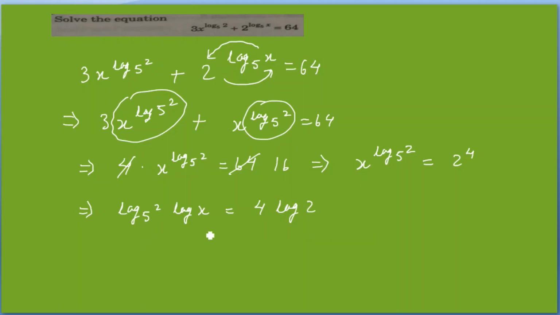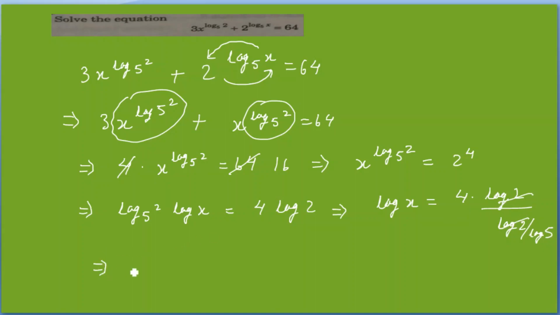Okay, now taking this term here, we can write log x equal to 4 times of log 2 upon log 2 with base 5 can be written as log 2 upon log 5. So log 2 upon log 5, cancelling this term.